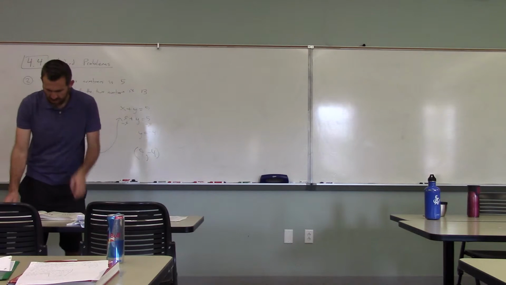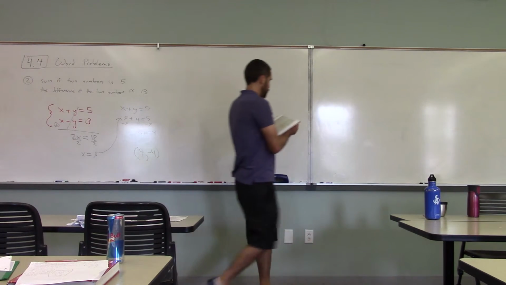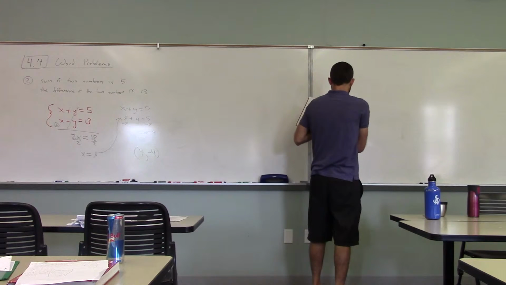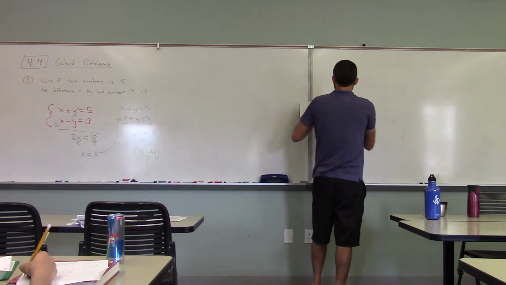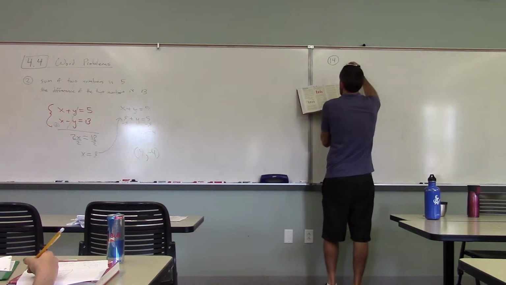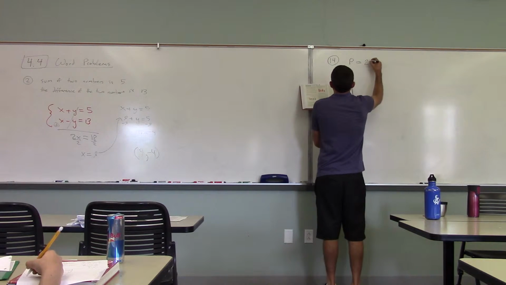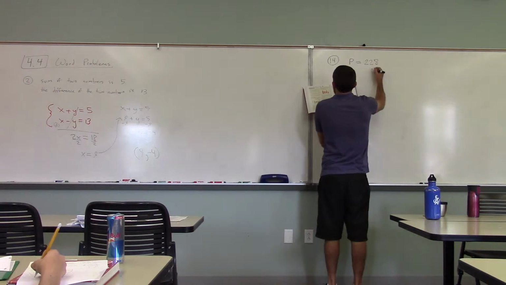Okay, choosing a problem a little harder. Let's look at 14. Number 14 is talking about the perimeter of a tennis court, which is 228 feet.